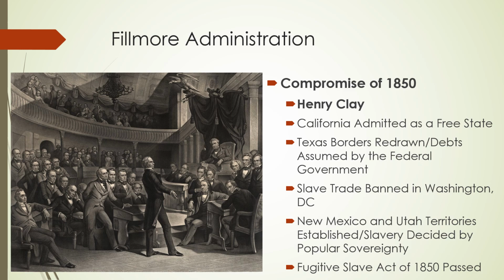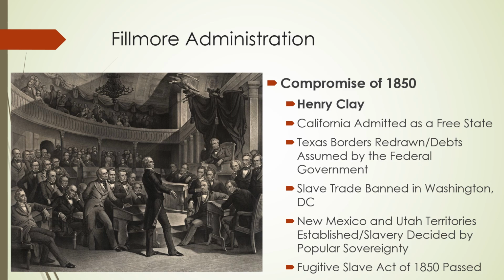And so the southern half will be the New Mexico territory, the northern half will be the Utah territory, and more importantly, the compromise says that the issue of slavery in those territories will be decided by popular sovereignty. So in other words, Congress will not decide whether Utah or New Mexico are slave territories. It will be up to the people in those territories to decide for themselves.